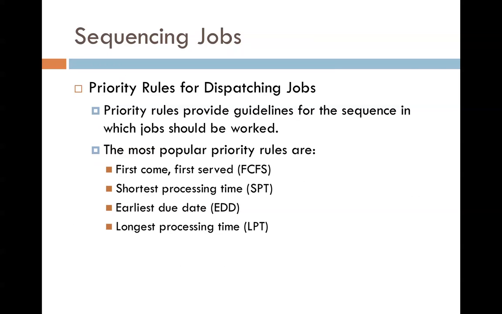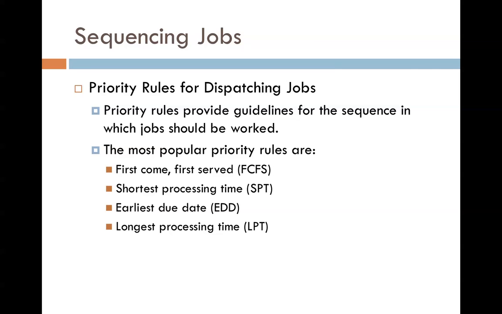Once jobs are loaded, managers must decide the sequence in which they are to be completed. Sequencing specifies the order in which jobs should be done at each center. Priority rules for dispatching jobs provide guidelines for the sequence in which jobs should be worked.